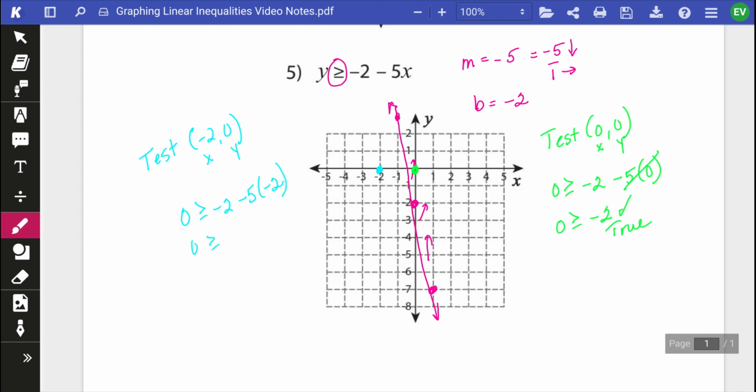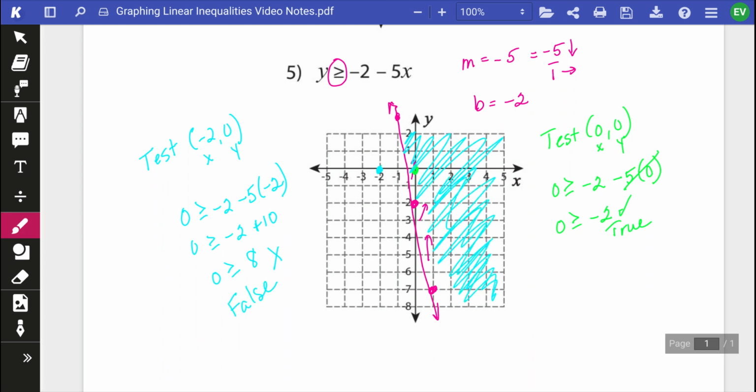Negative 5 times negative 2 is positive 10. So that gives me 0 is greater than or equal to 8, because negative 2 plus 10 is 8. Is that true? It certainly is not. This is false. So that tells me that I cannot shade on the left side of this graph. I must shade on the right side, because the right side gives us all the true solutions.